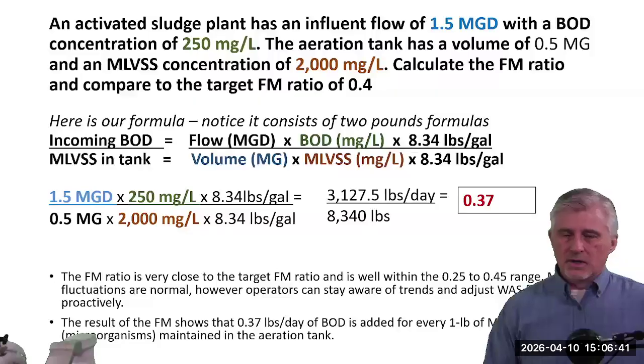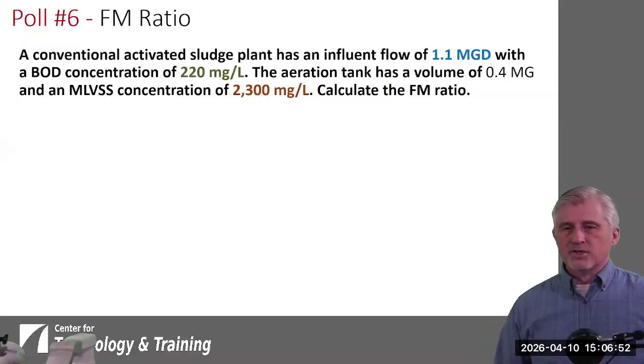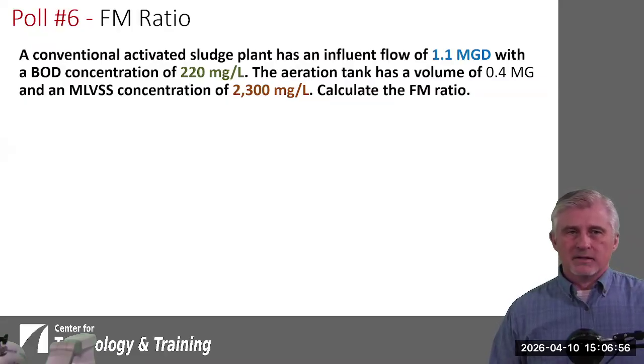All right, so we have poll question number 6, and it's the F/M ratio. We've got a conventional activated sludge plant with an influent flow of 1.1 mgd and a BOD concentration of 220 milligrams per liter.